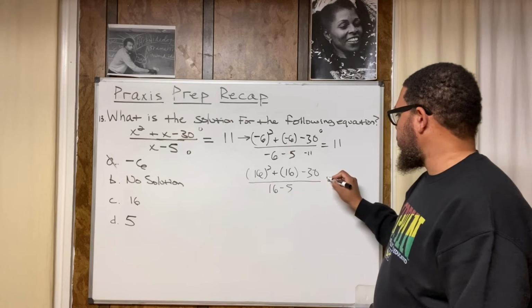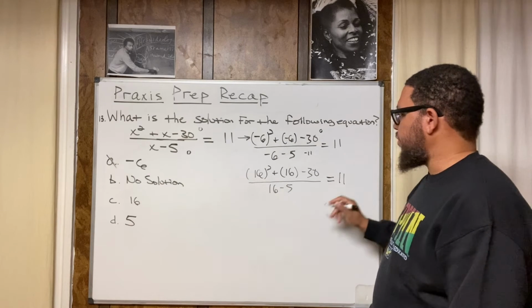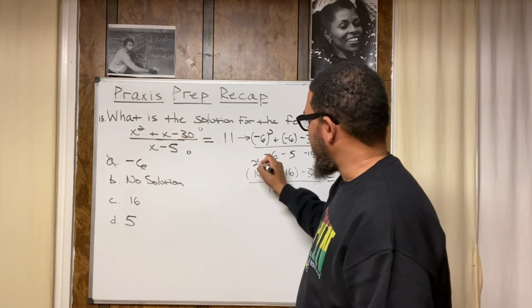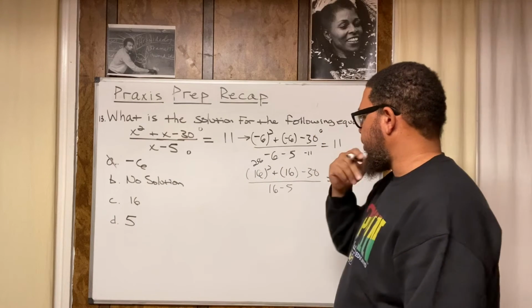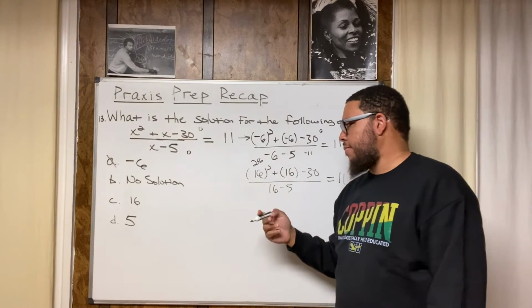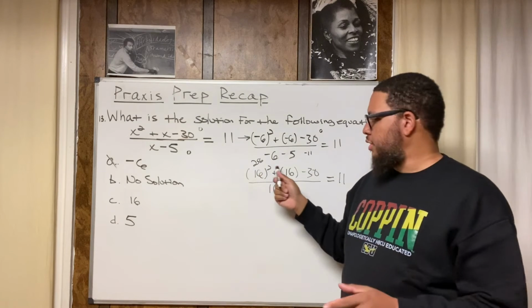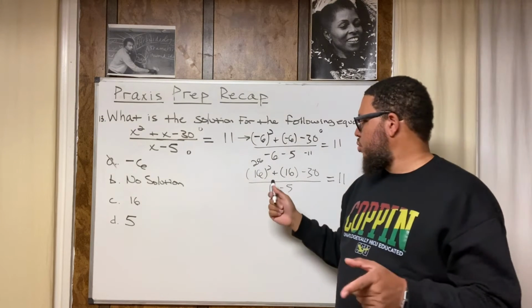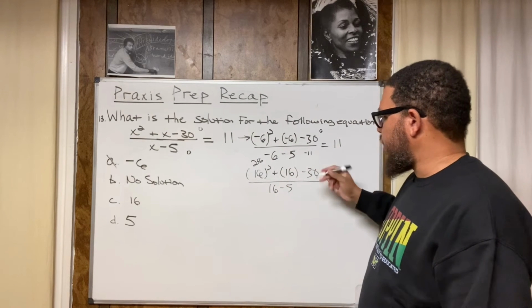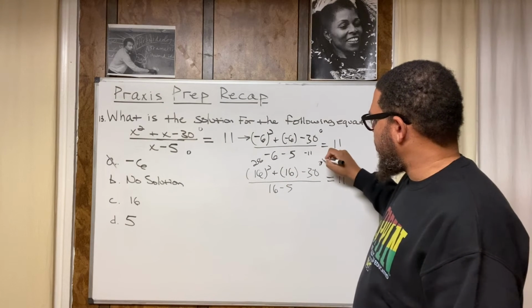And that's equal to 11. So 16 squared is 256 plus 16 minus 30. 256 plus 16, I can add 10 to that. That's going to be 266. Plus the other 6 is going to be 272. Then 272 take away 30 is going to be 242.